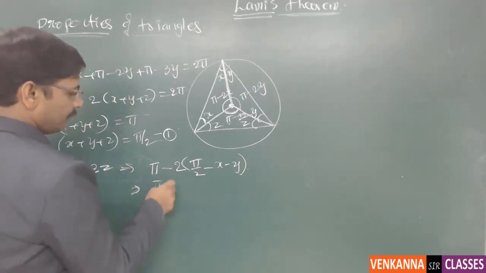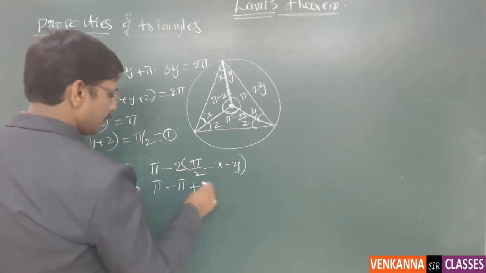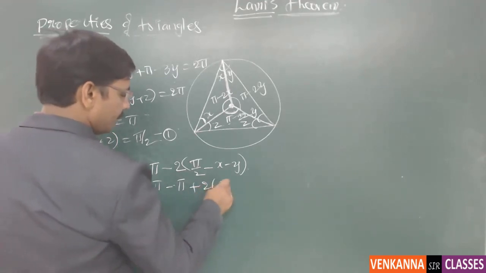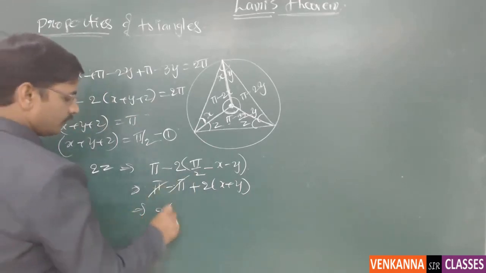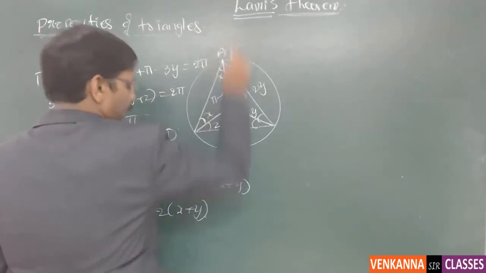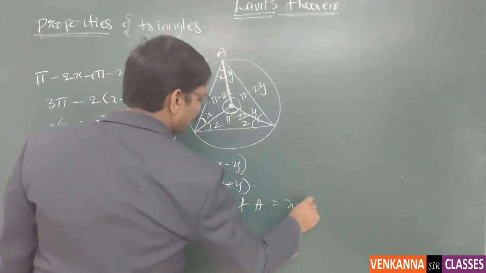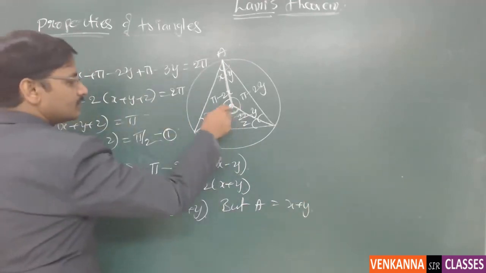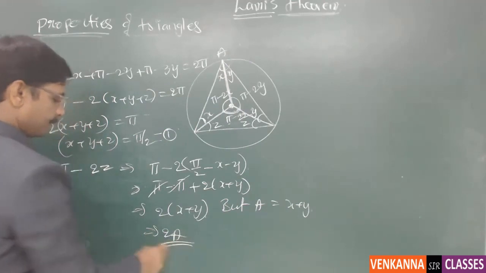So this will be pi minus pi plus 2 times x plus y. Pi will cancel out and this will be equal to 2 times x plus y. But angle A is equal to x plus y. Hence, obviously, this angle is nothing but 2 times A. Understood?